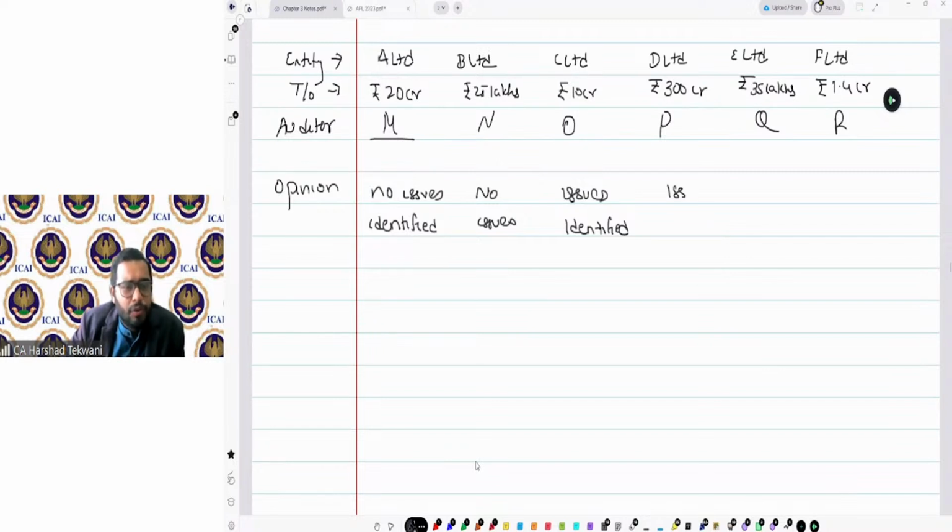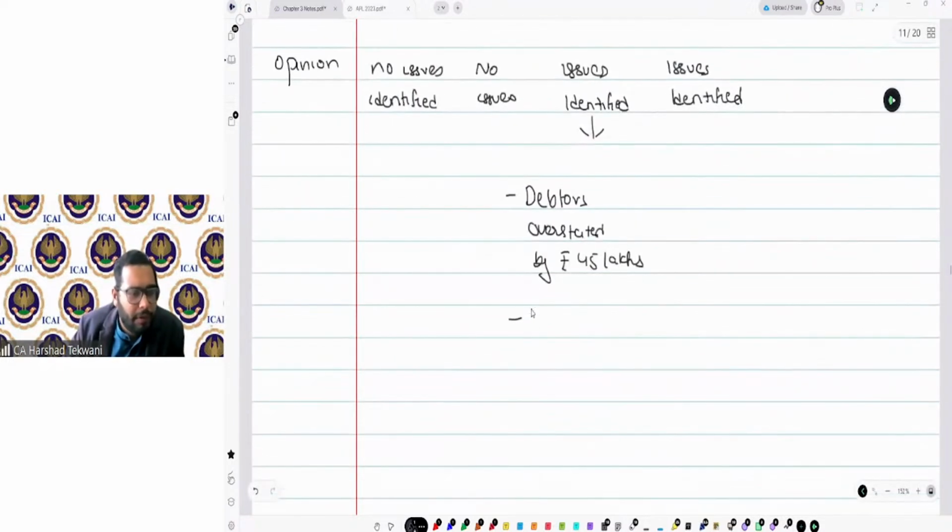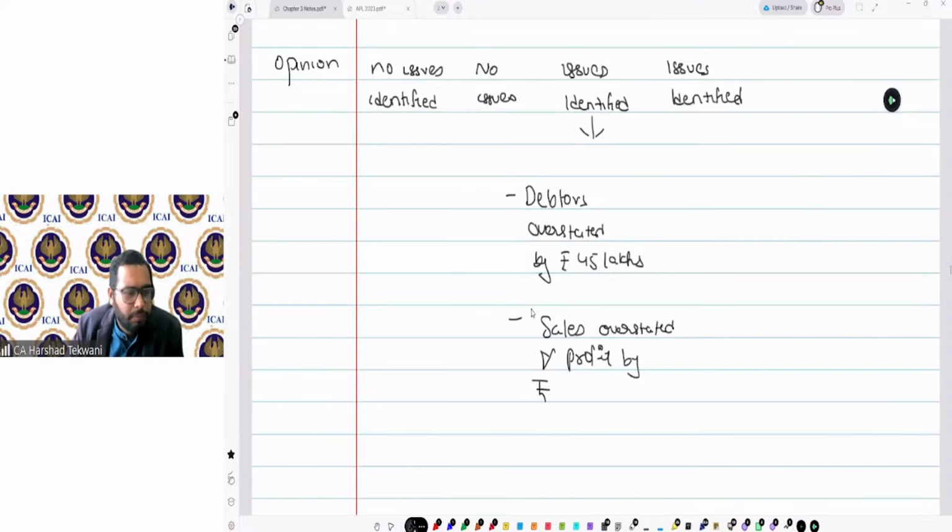P also identified issues. So what issues were identified? Let's say, for example, debtors are overstated by rupees, let's say 45 lakhs. Number two, sales are overstated and profit also, by the same 45 lakhs.